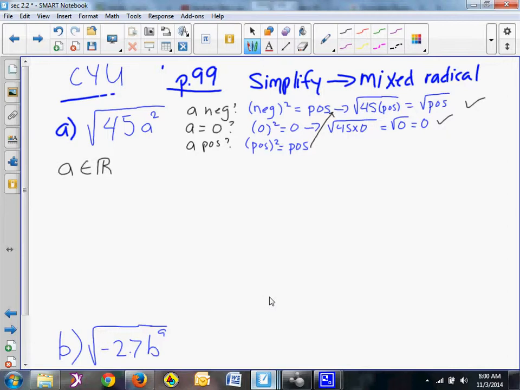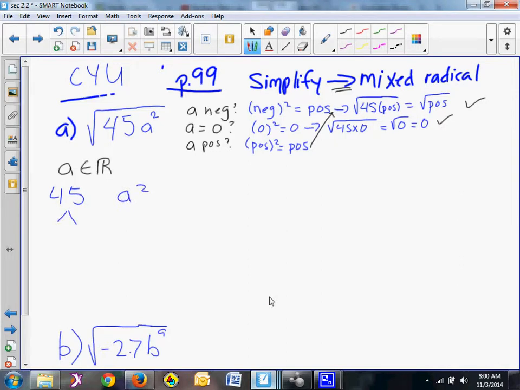Now we need to simplify the radical if possible. As I have up here, simplify really means change it into a mixed radical. The way I usually do this question is I prime factor 45 and a squared.